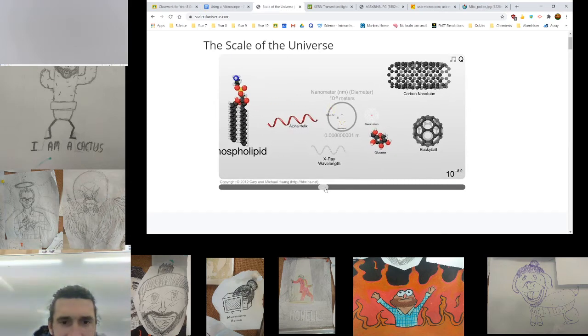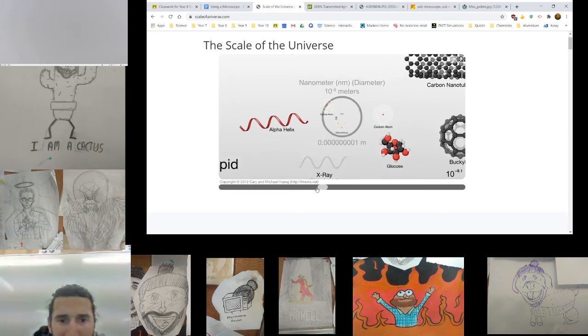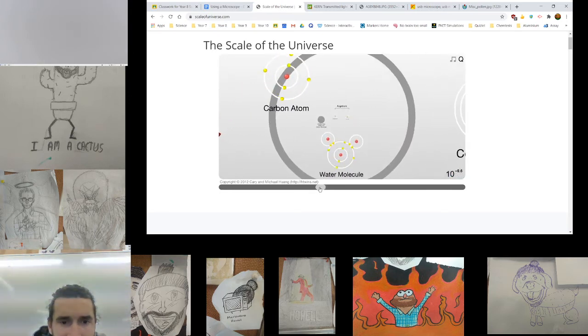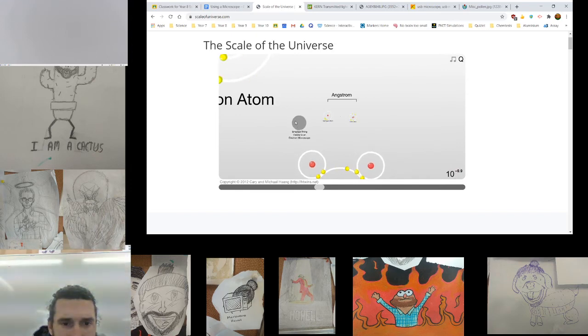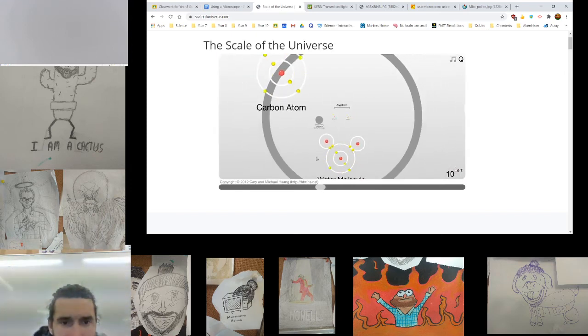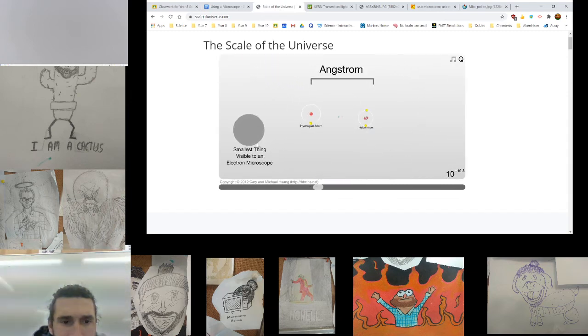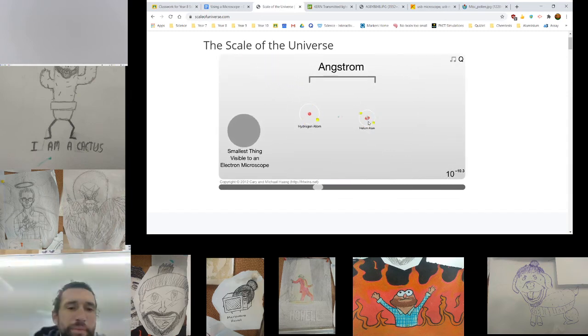And then we start getting to the size of atoms. And this is about as small as we can see with the electron microscope, I believe. Oh, there it is there. Smallest thing visible to electron microscope. So we can see a big atom like carbon, but something small like hydrogen or helium is too small to be visible even with an electron microscope.